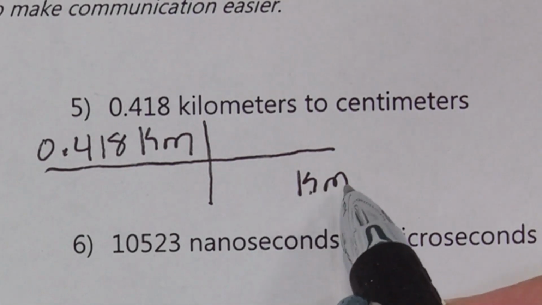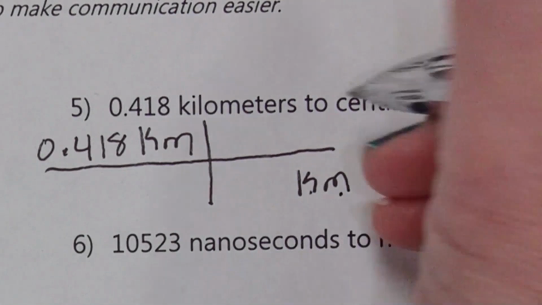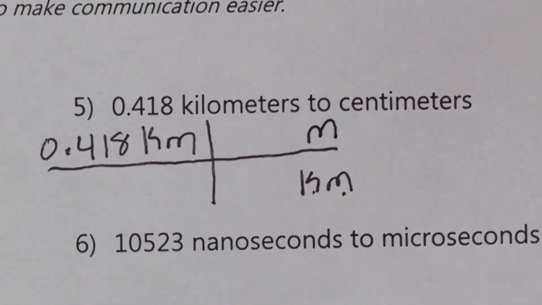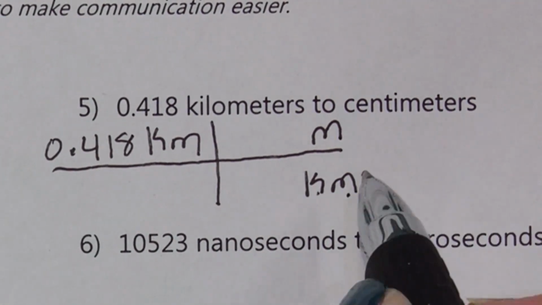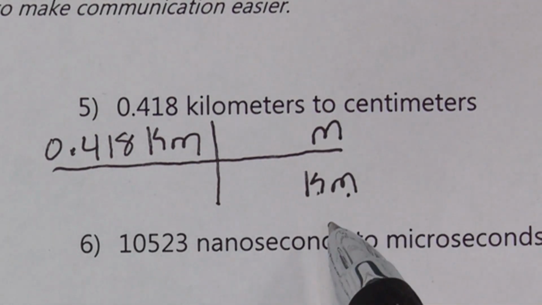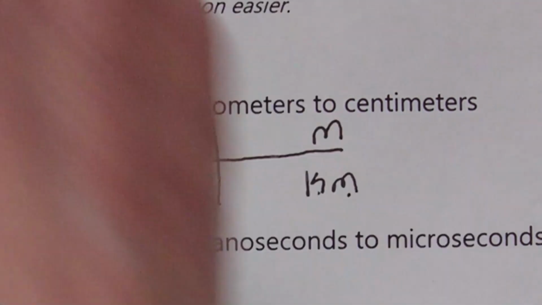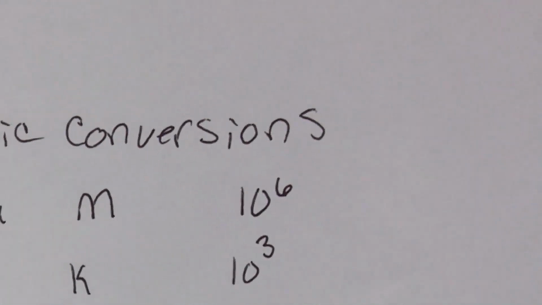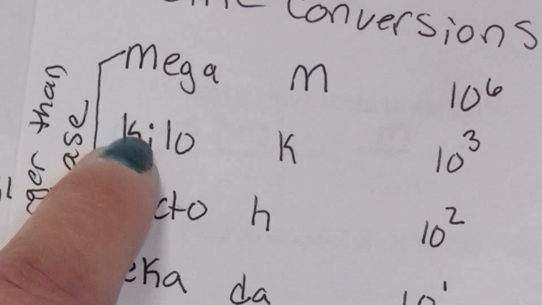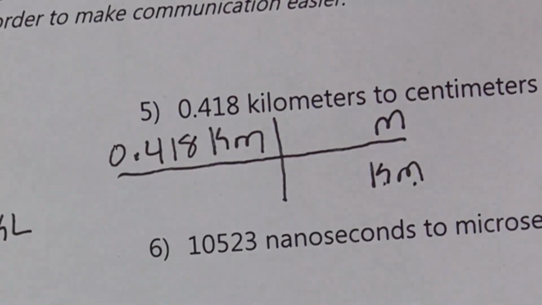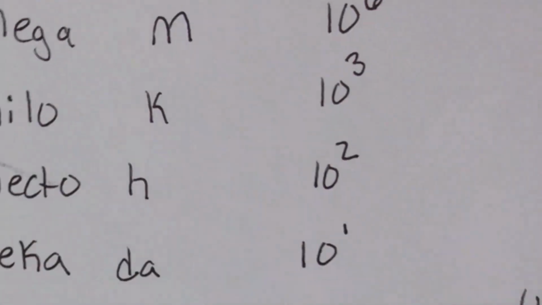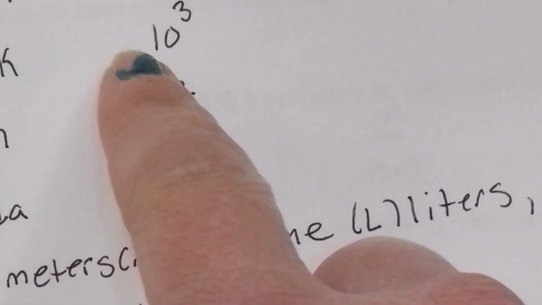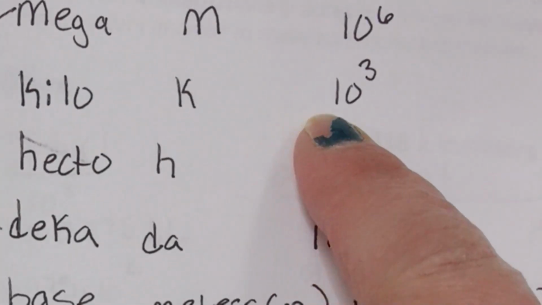Kilo is not the base. Meter is the base. Now, the larger of these two units gets the 1. Kilo is above the base unit, so kilo is going to have the 1, and meter is going to get a 10 to the third.